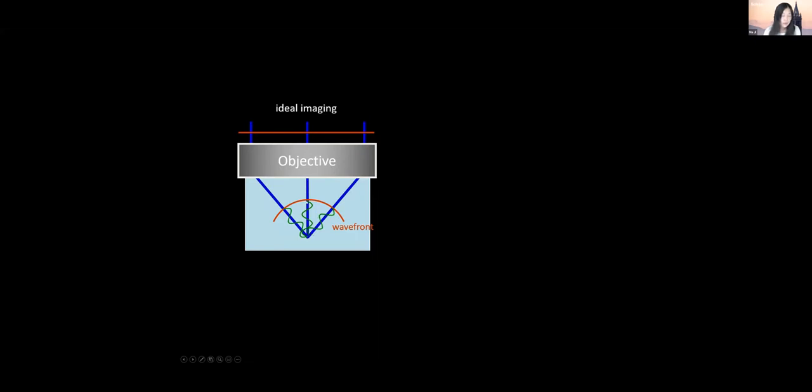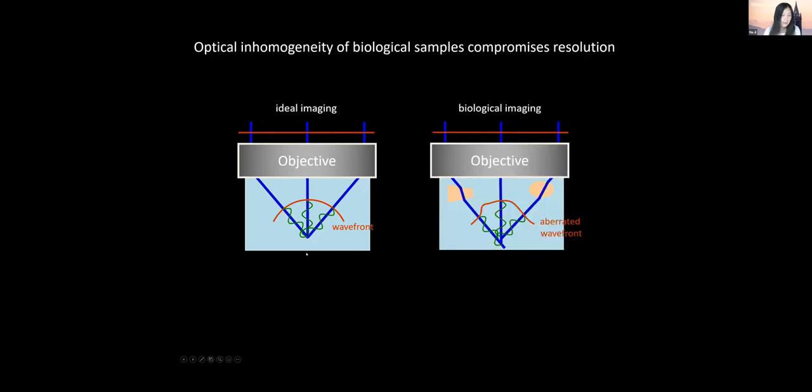Ideally, when we want to generate 2-photon fluorescence, we want to be able to focus all the excitation light energy into a focus whose size and intensity is limited by diffraction. However, in biological samples, because of the refractive index inhomogeneity, the light rays do not intersect at the same point. They also don't have the right phase relationship. In other words, the wavefront of the excitation light is distorted from its ideal form.